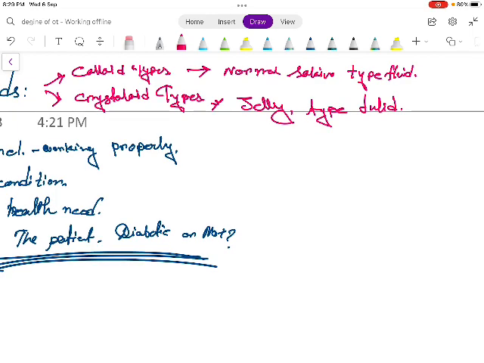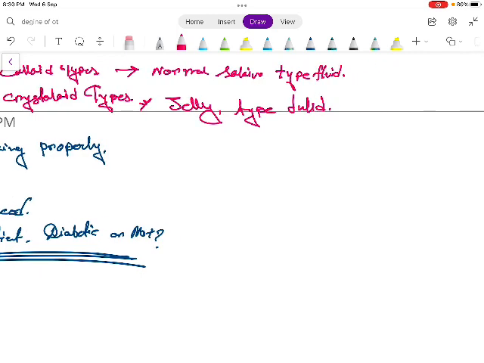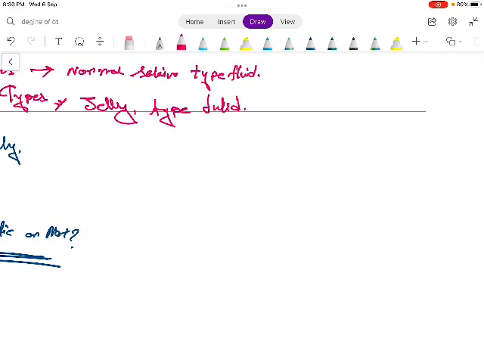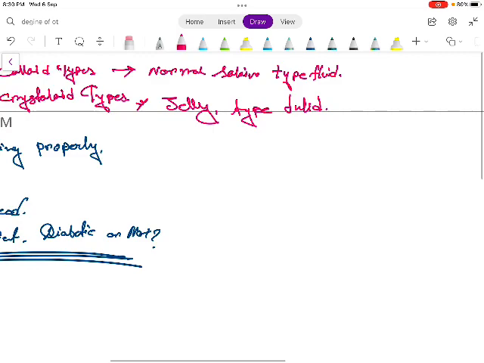If you want to recall, the normal saline type of fluid is referred to as colloid, and the jelly type fluid is known as crystalloid because of the crystal structure. If we break down the jelly type fluid into molecules, we can find a crystal structure. So it's called the crystalloid type, right?